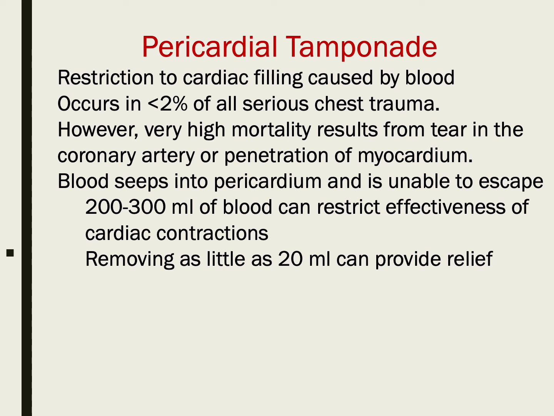So this will limit the diastolic filling and result in low cardiac output. The patient will then have shock. It has a very high mortality rate, particularly if not detected very early and taken to theater very early. Even removing a small amount of blood might result in temporary relief. So sometimes pericardiocentesis might be done until definitive operative repair is available.